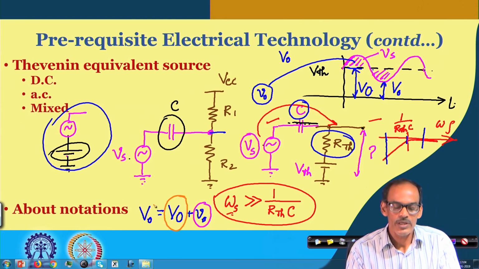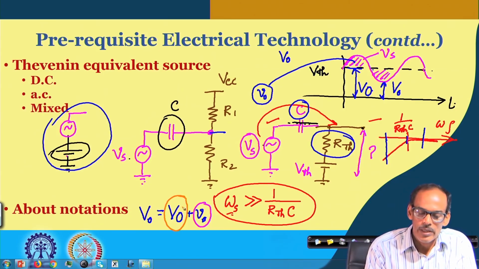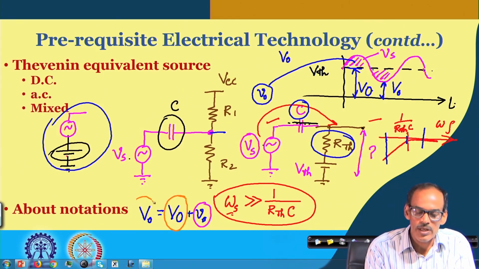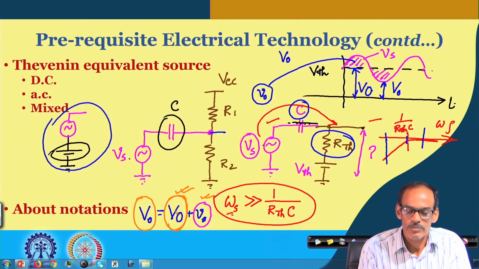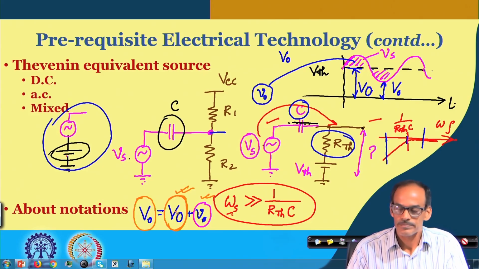Ultimately we have to see a signal which contains the DC part and also the signal part, and many times this DC voltage plays a very important role in keeping some active device in proper condition.